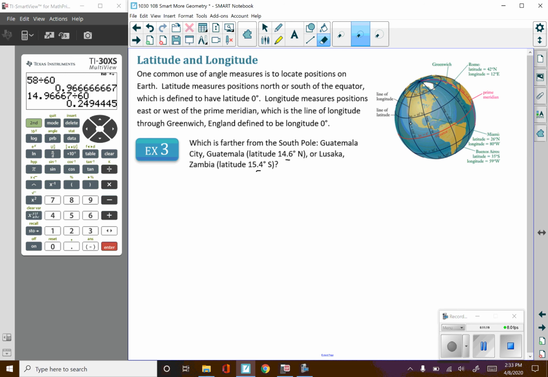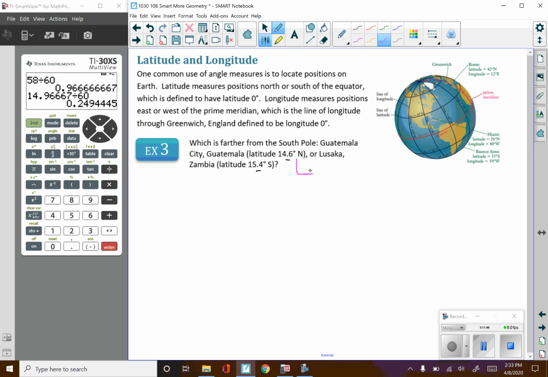So our first question is, which is farther from the South Pole? Guatemala City, which is 14.6 degrees north latitude, or Lusaka, Zambia, which is 15.4 degrees south latitude. Well, these are measured in relation to the equator.